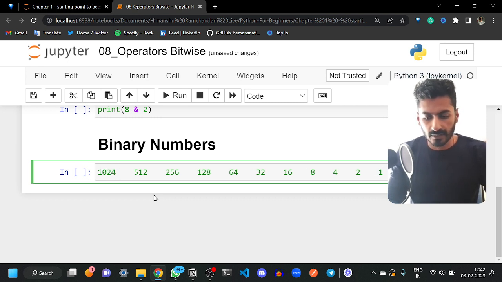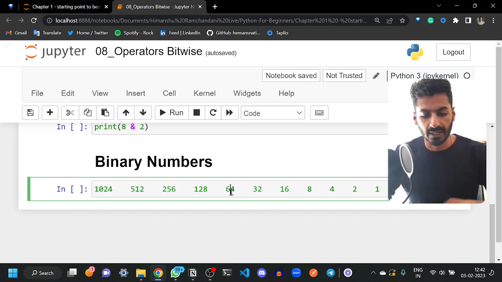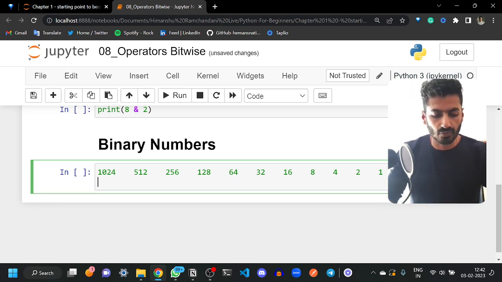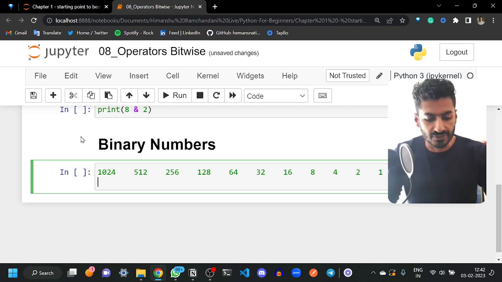So you have seen this series before. As you've seen in 32-bit architecture, 64-bit mobile phones, have you seen this? This series is used to calculate the binary of a number. So if you want to solve this question, you have to calculate the binary of 8 first.